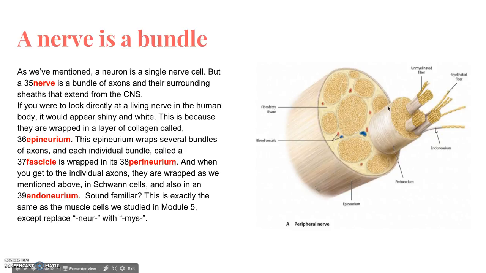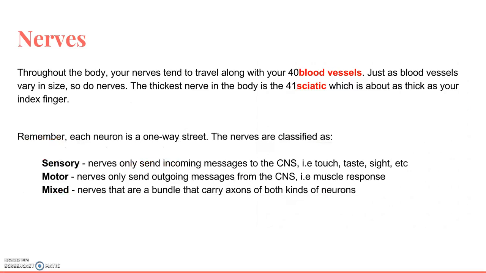Does that sound familiar? The endoneurium, perineurium, epineurium? Well, it should, because that's exactly what we studied with the muscle cells from Module 5, except instead of calling them, say, perineurium, it was perimysium, endomysium, and epimysium. Mys meaning muscle, neur meaning neural or nervous system, nerves.